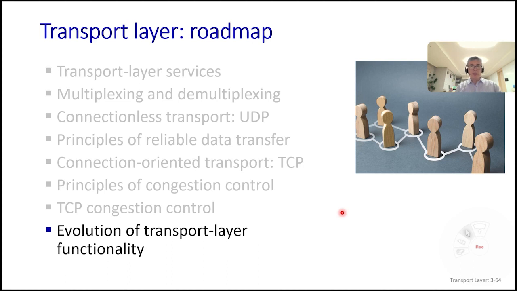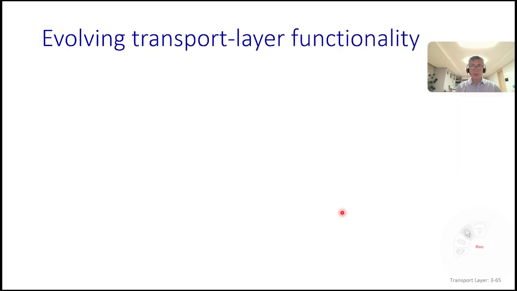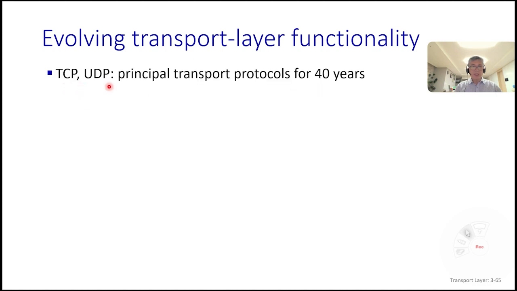So that's why we come up with the evolution of the transport layer, like QUIC, HTTP/3 over QUIC. Okay, so evolving transport layer functionality: TCP and UDP have been the principal transport protocols for 40 years.